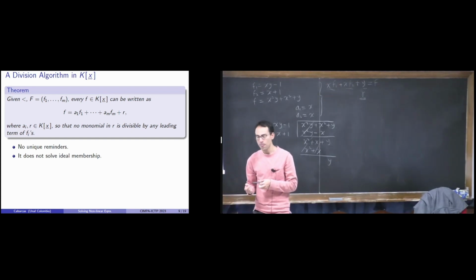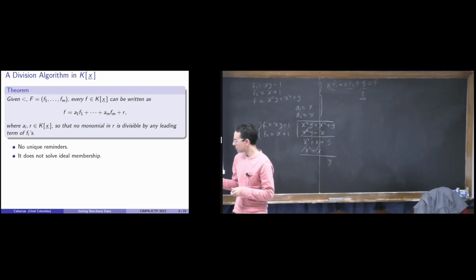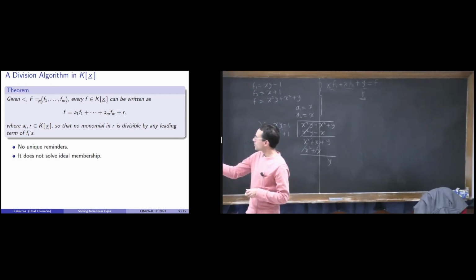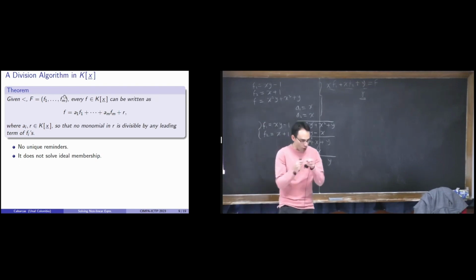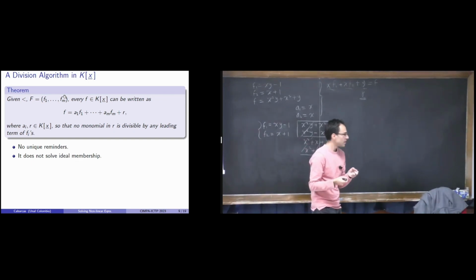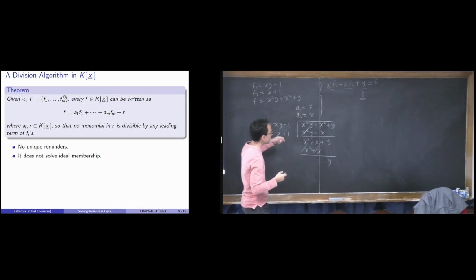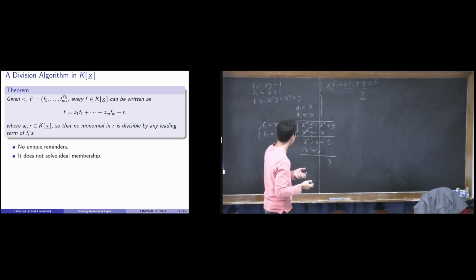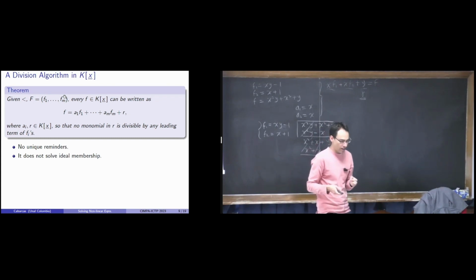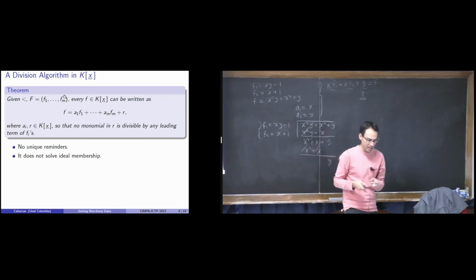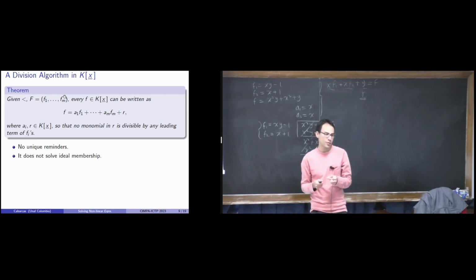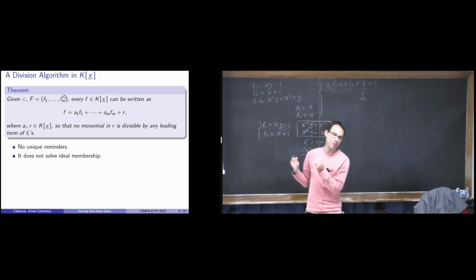That's the reason why I put f not as a set, but as a tuple, because the order in which you place your polynomials matters. What you are dividing by first or second does matter. It also doesn't solve the ideal membership problem, because you don't have unique remainders. You don't know if a polynomial belongs to the ideal or not.